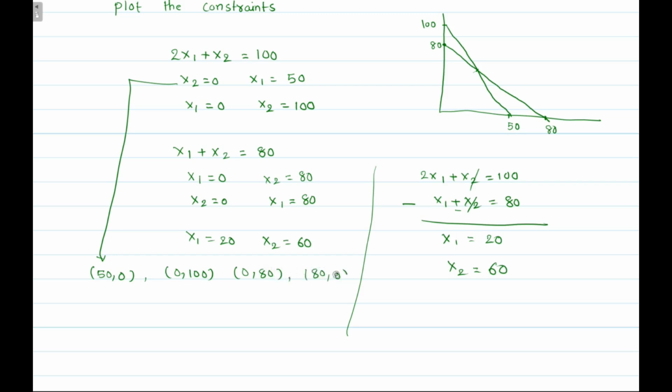And the fifth one is 20 comma 60. Now we have to verify whether all these vertices are in the feasible region or not, because we need to find all possible solutions. Therefore, we need to draw a certain region by checking that all these vertices must satisfy these two conditions. Which ones? This condition and this condition for all these vertices. Let us check.